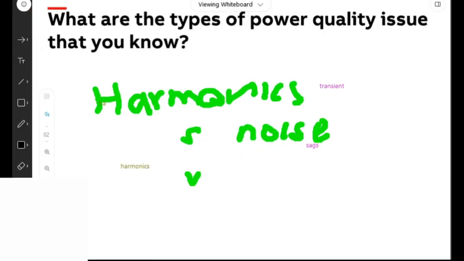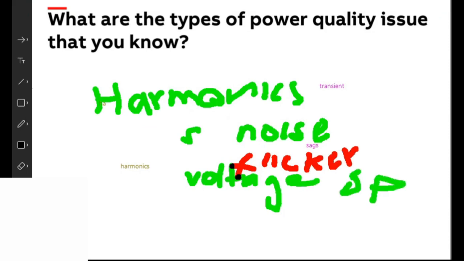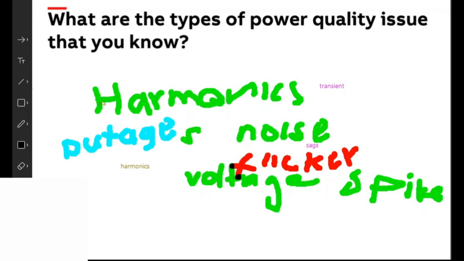Noise, yes, or we can consider this as a flicker. Voltage dip. Yes. Voltage spike, or voltage surge. Outage. So those are the main power quality issues that we are actually experiencing here.